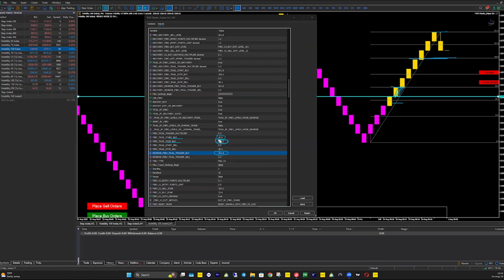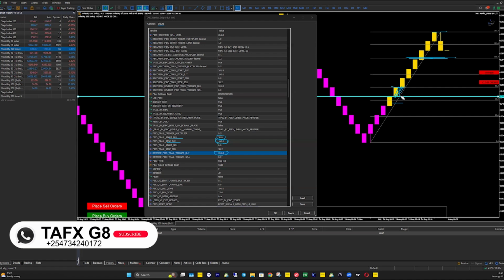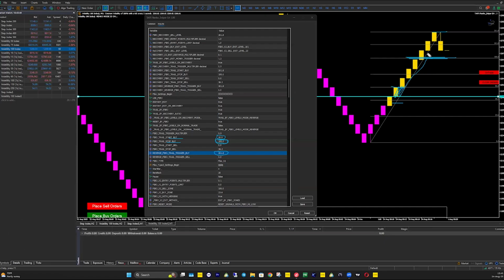100 is our trailing stop, so it will set a stop loss here, or a trailing stop, or a trailing profit, or trailing SL. Determine it with the language that you understand. That means all the way from here to here you are now safe and ready to bank good money in case this market goes down.